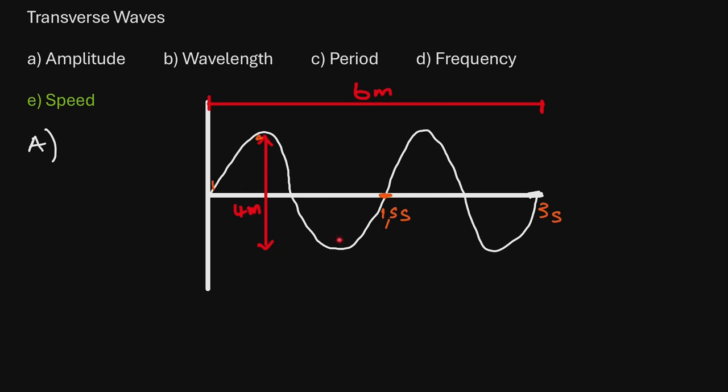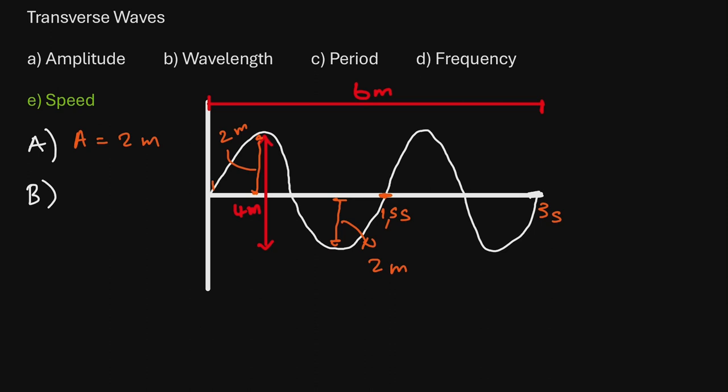So to determine the amplitude, we must divide this distance by 2. If we divide 4 by 2, that will be 2 meters here, and then also 2 meters there. Remember that indicates the amplitude. So the amplitude to this problem is just going to be 2 meters.